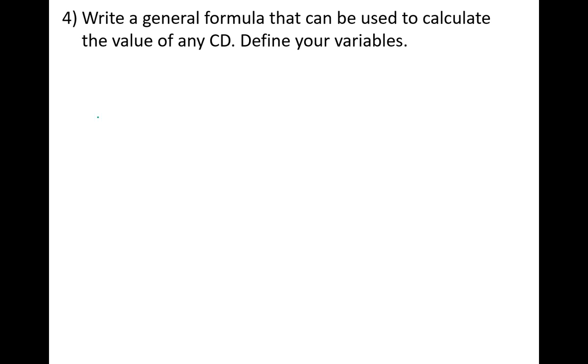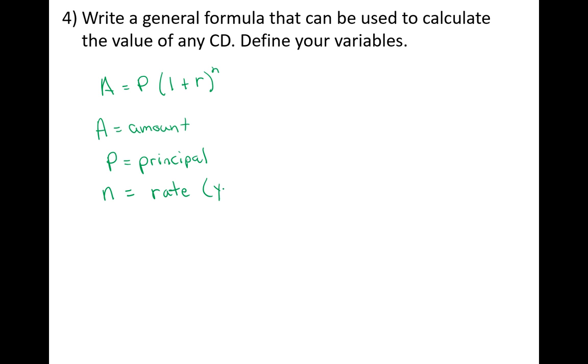I think we've already done this. A equals P, 1 plus R to the N. A is your final amount. P is your principal. That's the amount that you invested. R is the rate.